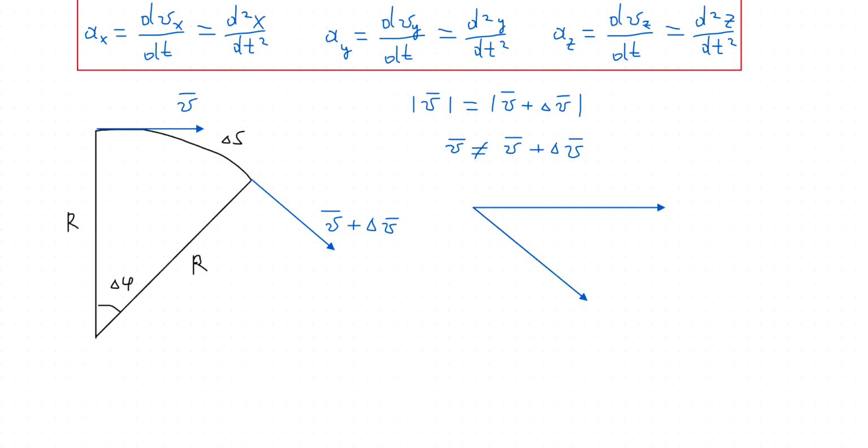I'll move vector v plus delta v to unite its begin with begin of vector v. So we have here vector v. Here we have v plus delta v, and according to this picture we can see that vector delta v is here.